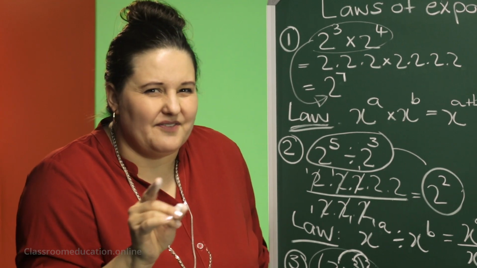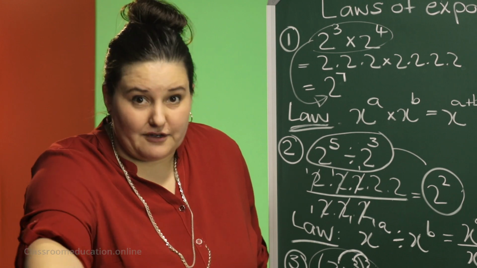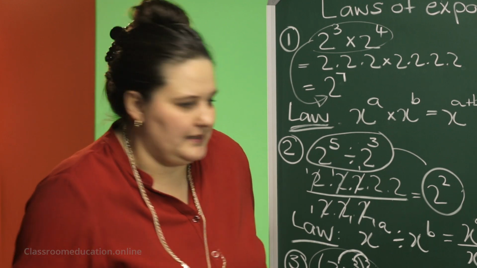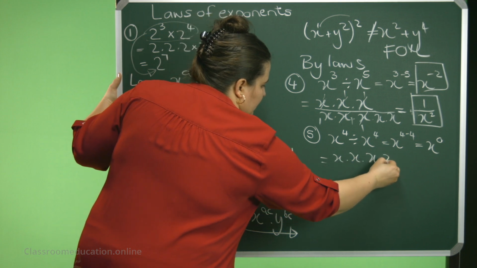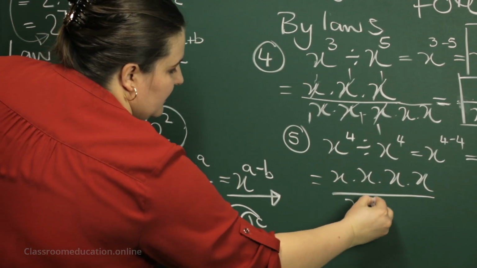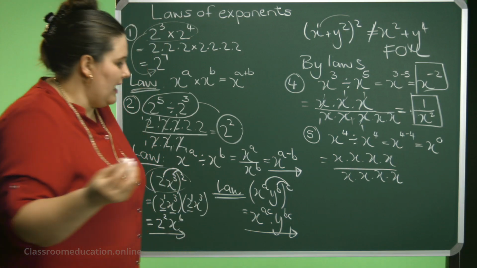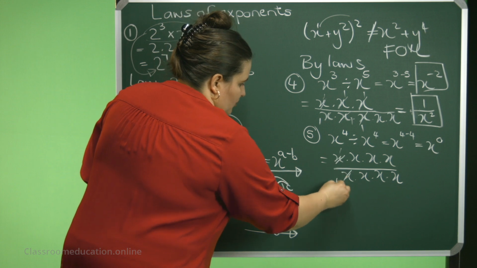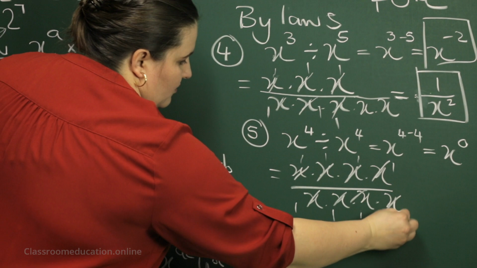Okay, but this is now a bit difficult. Why do I have a power of 0? Let's do it in expanded form and cancel out and see what happens. So x times x times x times x divided by x times x times x times x. And now if we cancel out, okay, it goes 1 and 1, ones and ones, ones and 1.